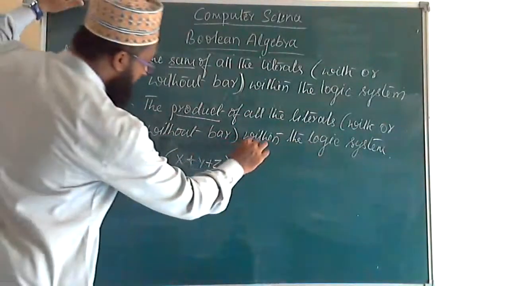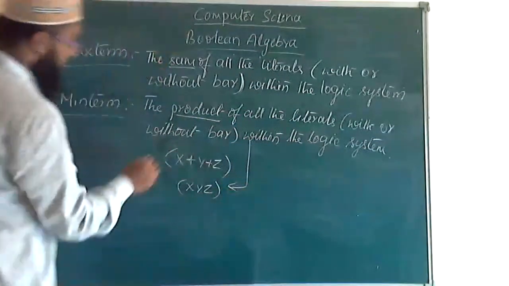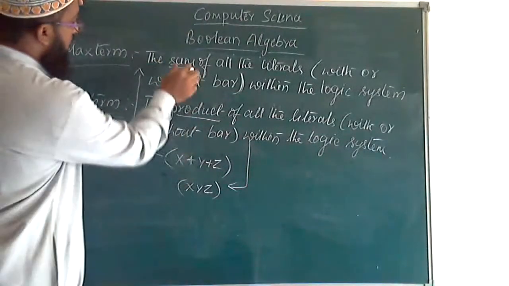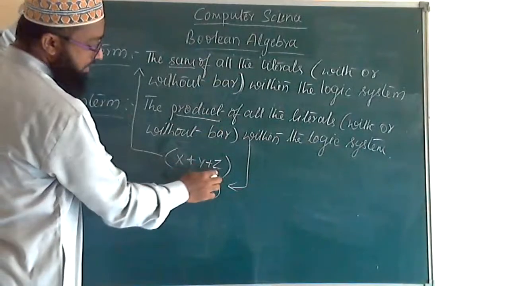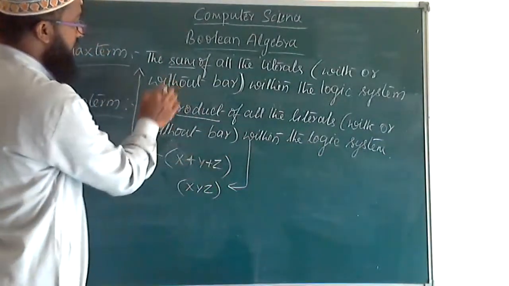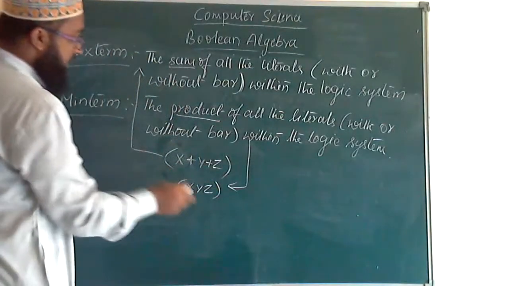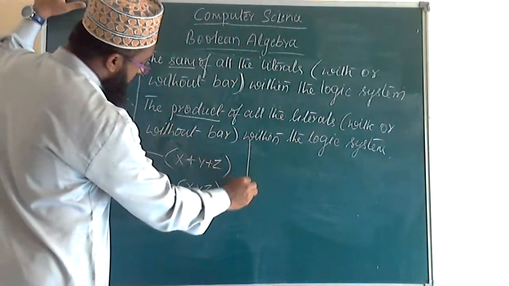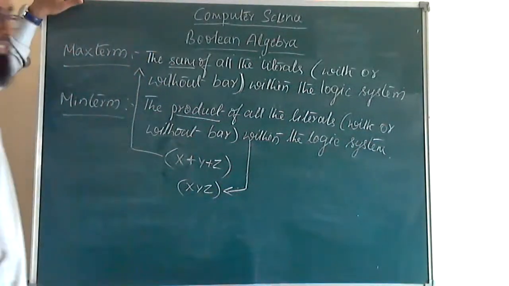This is min term. And this is max term, sum of all the literals. Here three literals are there. We are adding. Sum of all the literals is max term. Then min term means product. Product means into.